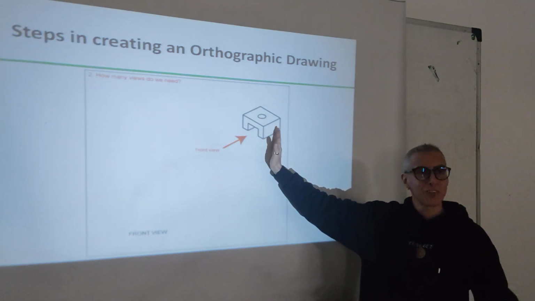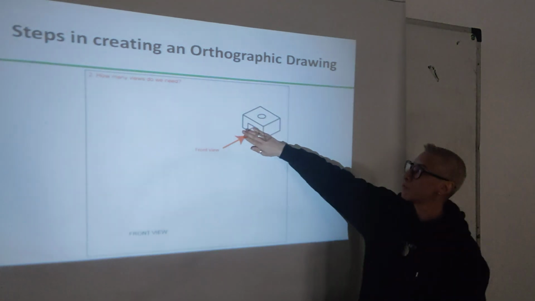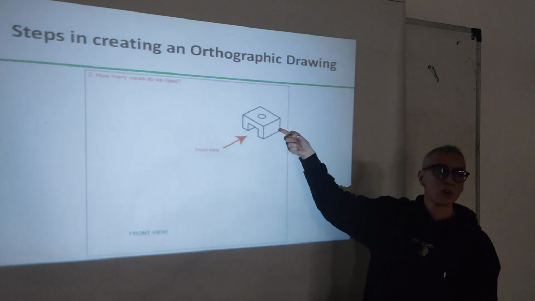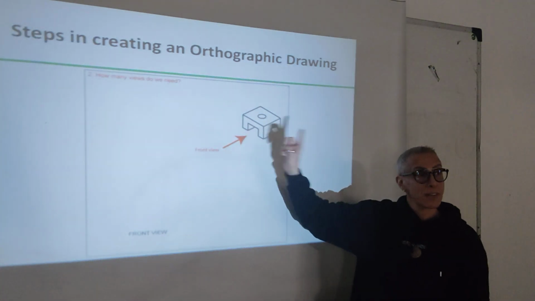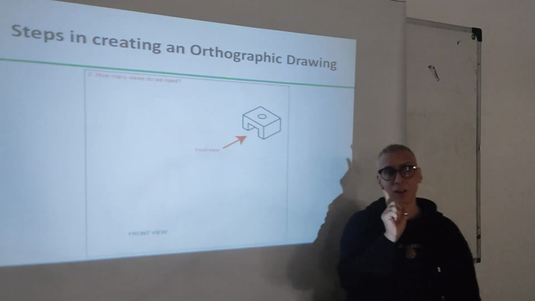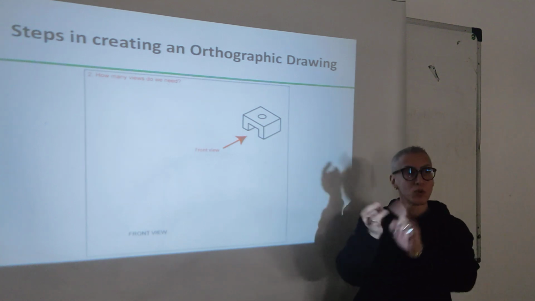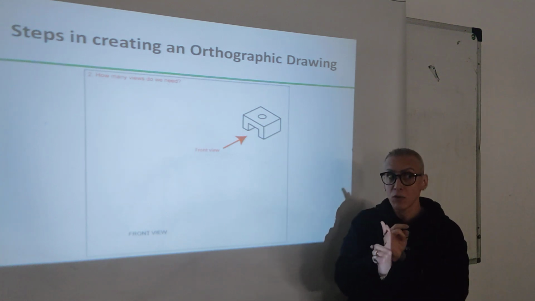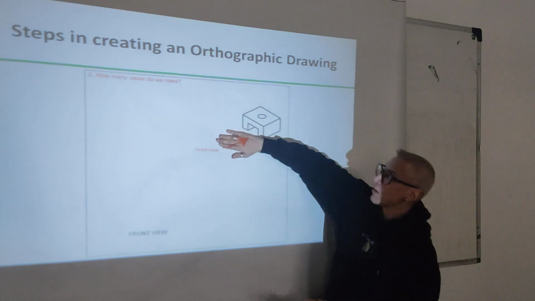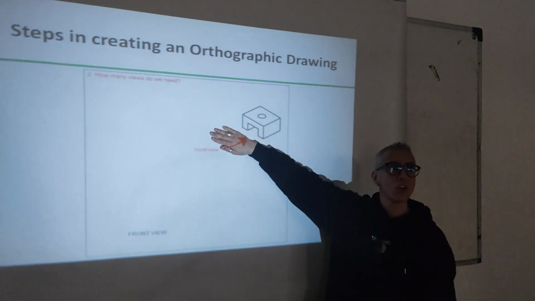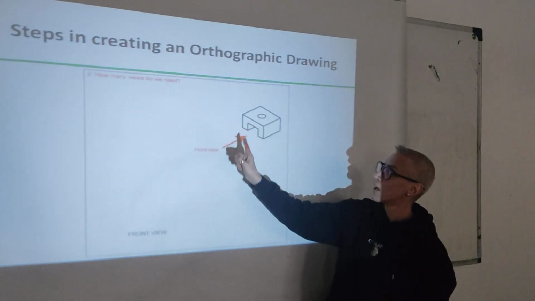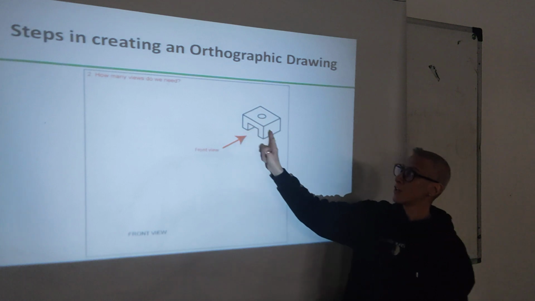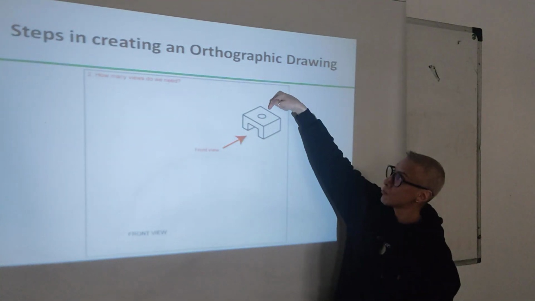But sometimes it is left without a mark, and then you can choose. Remember, if I say I want a front view, right side view and top view, then even if this sign does not exist, there is only one option. This is the front, this will be the right side, and this will be the top.